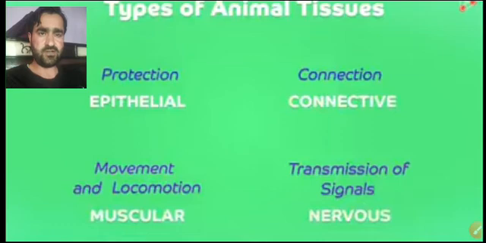There are almost no intercellular spaces between the cells because the primary function of epithelial tissue is to provide a protective covering to various body organs. So today we are going to discuss another type of animal tissue, that is connective tissue.